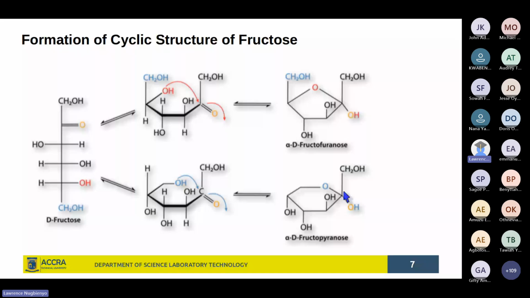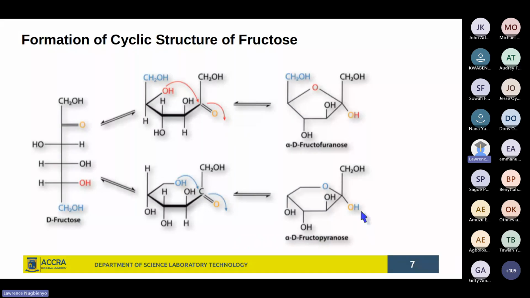In fructoses, when you take the cyclic structures, it is carbon number 2 that becomes the anomeric carbon. Remember, in aldoses, it's carbon 1 that becomes the anomeric carbon, but in ketoses, it is carbon number 2, because that is where you find the ketone group.